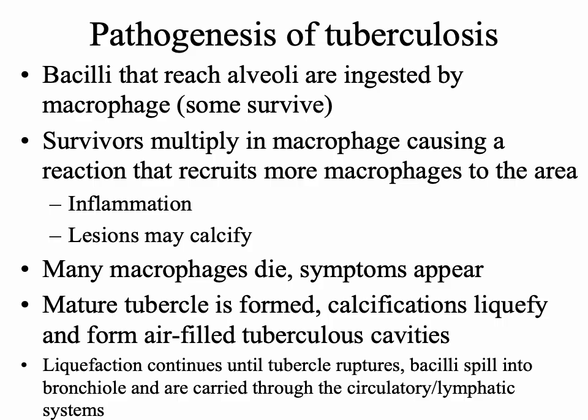So I've kind of written out the steps of the pathogenesis. You inhale, there's going to be an immune response, but every once in a while there's going to be some survivors which are going to basically calcify themselves inside that little tubercle like pod, and then do their little thing, and then they're going to burst and start to move to the surrounding area.